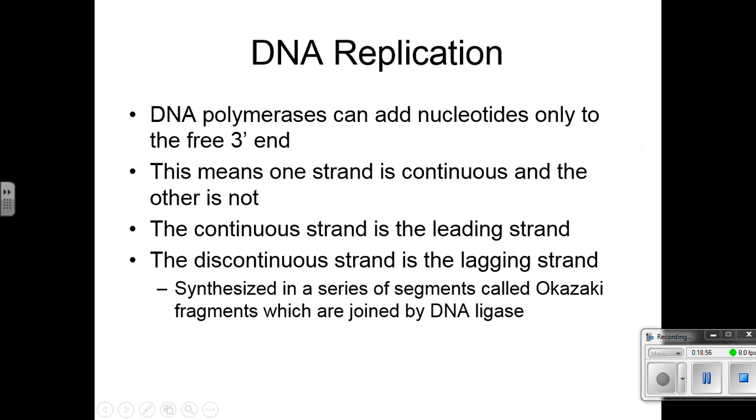DNA polymerase can add nucleotides only to the free 3' end, and it always synthesizes 5' to 3'. That means that one strand can be continuous, like I showed you, and the other is not. That's called the lagging strand. It's synthesized in a series of segments, and those are called Okazaki fragments, that are then going to be joined by an enzyme called DNA ligase. I guess the best way to remember it is ligase, it ligates, or it glues it back together.